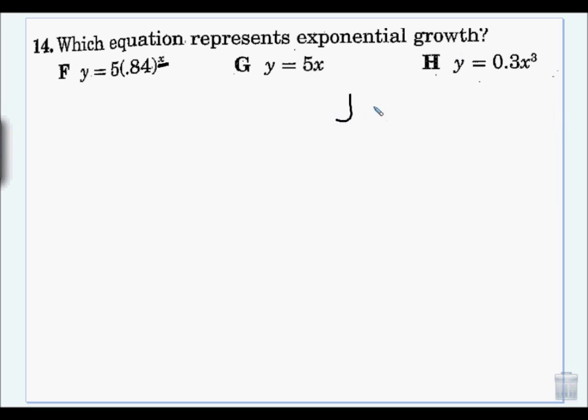Yeah, okay, J. So what I'm going to do is look at the two that have an exponent of x. For it to be growth, what I'm taking to the x has to be greater than 1. So I'm going to do 0.84 times 5, and that's going to be 4.2. And then I do 1.06 times 5, and it's going to be 5.3.